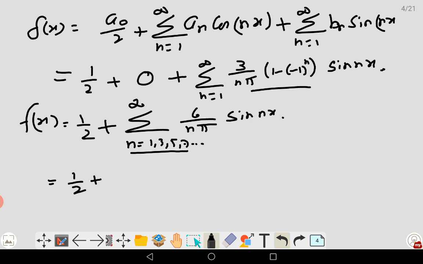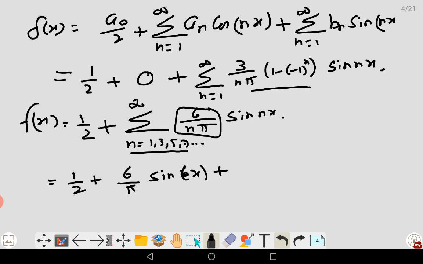Still further we can expand it. When n is 1, what happens? 6 over pi sin x. When n is 2, it is not available, because this term is valid only for odd values of n.